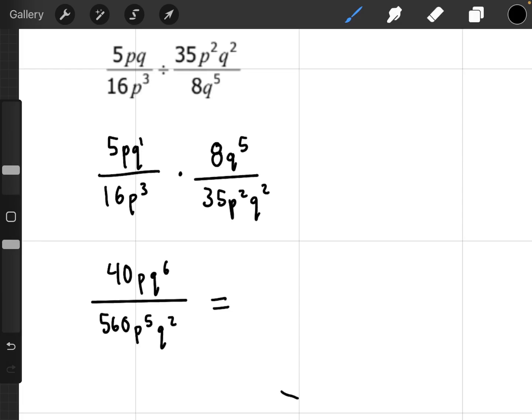Now this number is quite large, but thankfully 40 goes into 560 14 times. So we'll cross this out. It's 14 times. P goes into p to the power of 5 once. So I have a 1, and this becomes a 4.